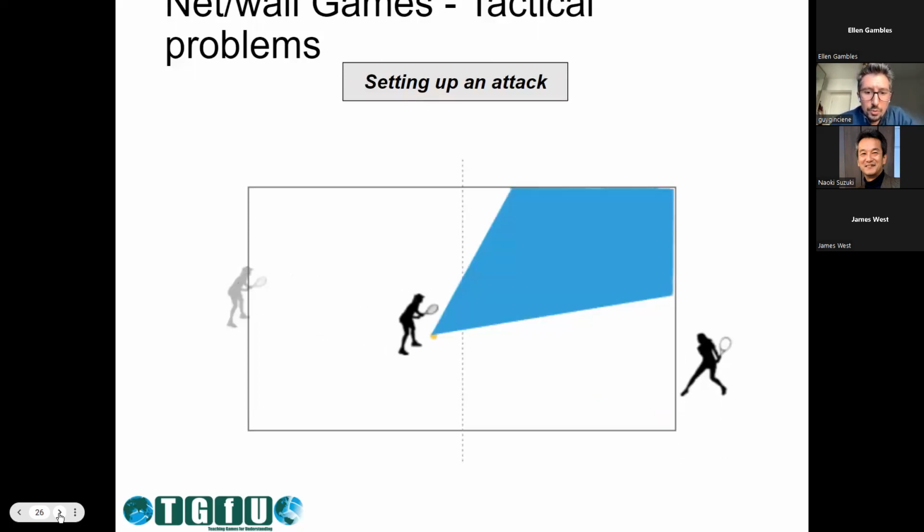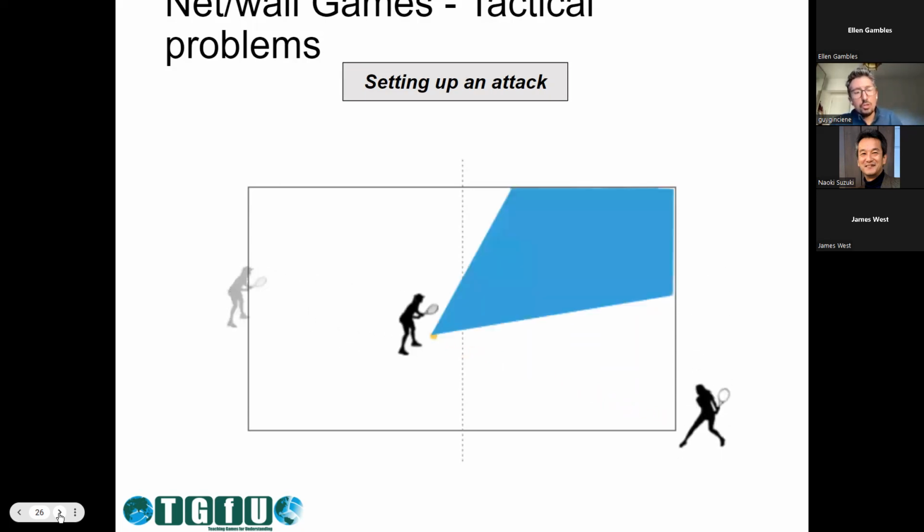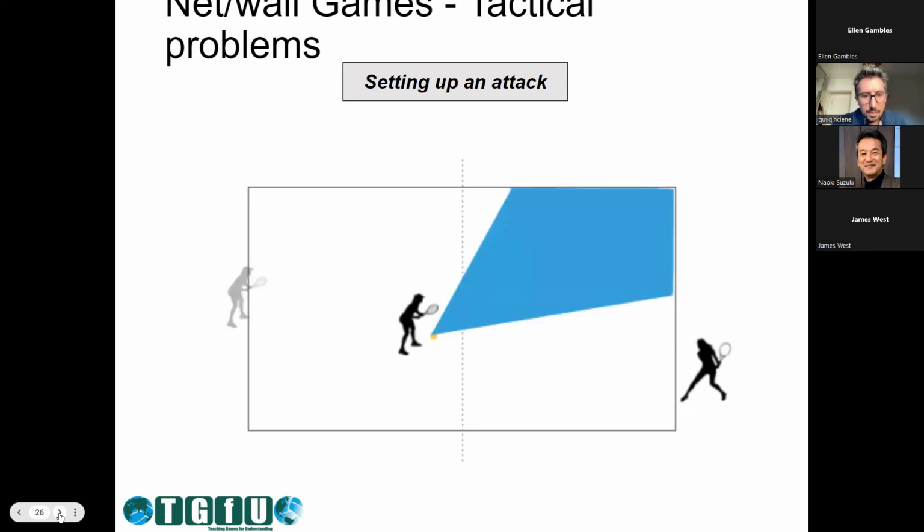Basically, I try to move the opponent from the center and open another space to win the point on the next hit. In this case, the player tries to use the angles to open space and attack in the other angle, in the other part.